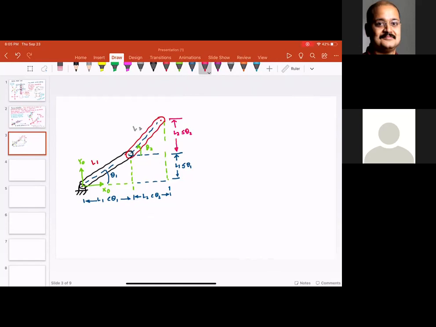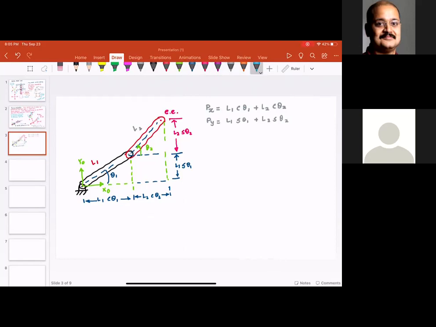So if I were to draw the position of the end effector, Px, which is the horizontal position, is L1 cosine theta 1 plus L2 cosine theta 2, and my vertical position is Py, which is L1 sine theta 1 plus L2 sine theta 2. Any questions here? So this purely comes from the geometry.